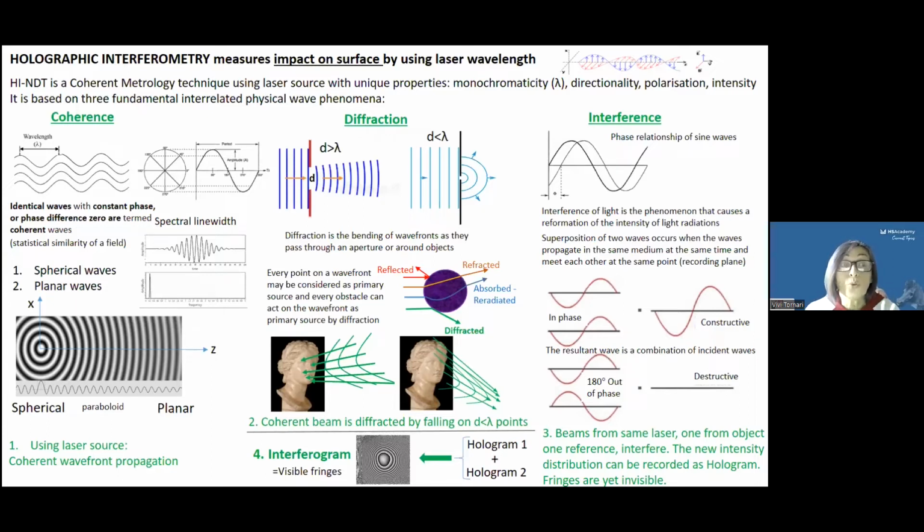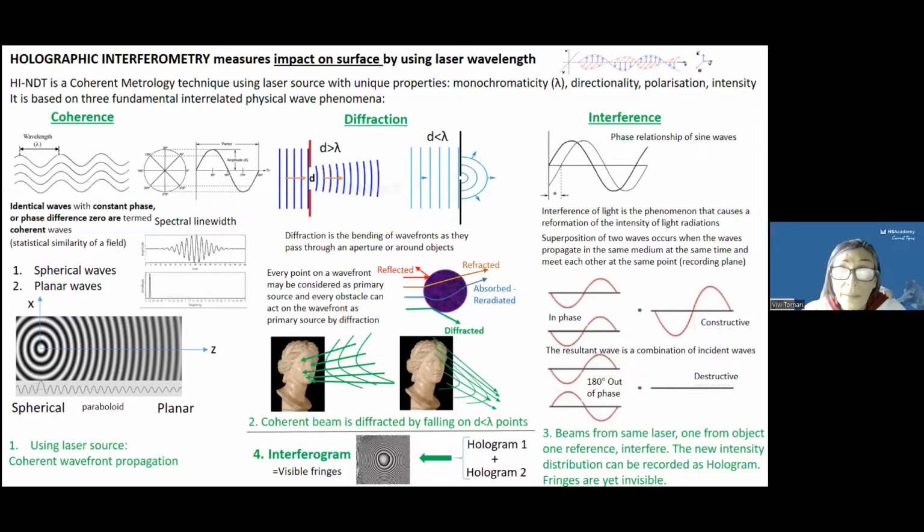It belongs to the broad category of coherent metrology techniques, which use laser sources. And laser sources have some unique properties. Among these is the monochromaticity, which means that we can have a selective wavelength in the emission of our laser.